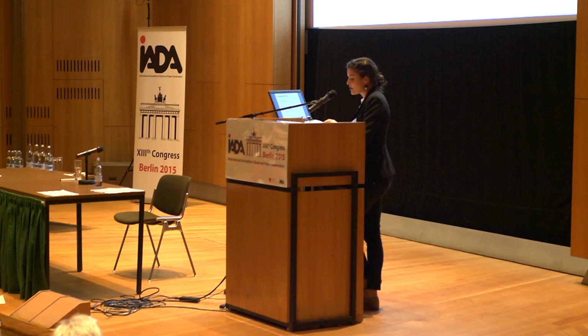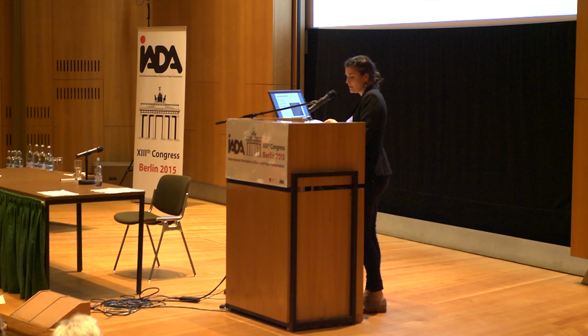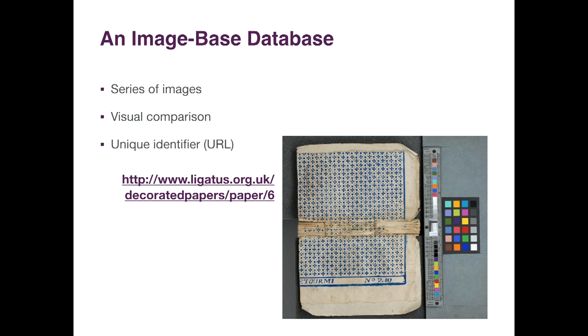As a digital collection, it doesn't have any limitation of space, which means that we can upload an unlimited number of pictures. As a free and online resource, it is more accessible, and we use a controlled vocabulary as opposed to free text description, which means that it is easily retrievable, interoperable, and machine searchable. This tool therefore simply consists of a series of images of decorated papers with which users can compare the paper they want to describe.